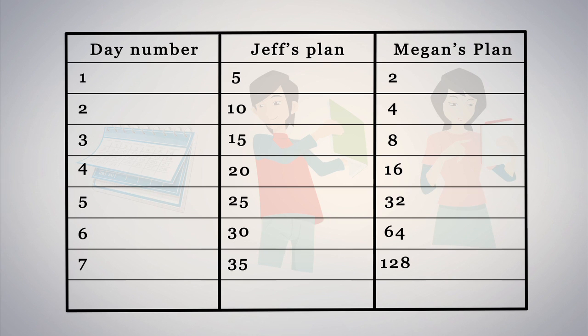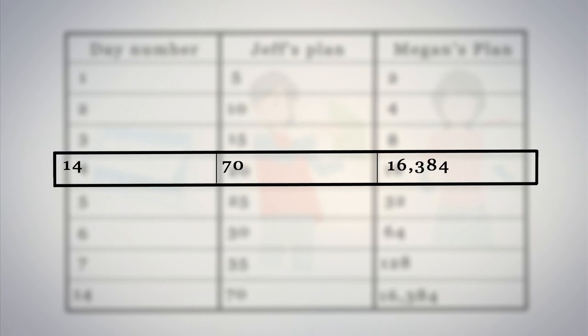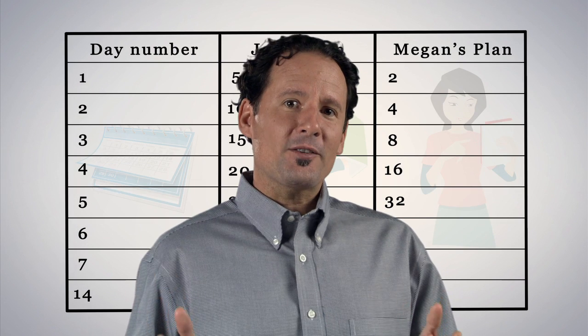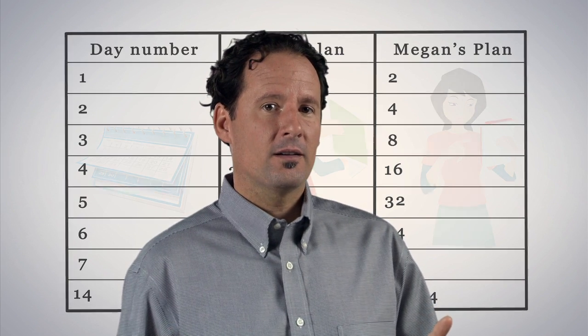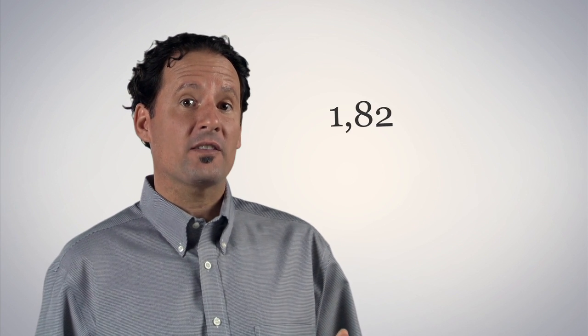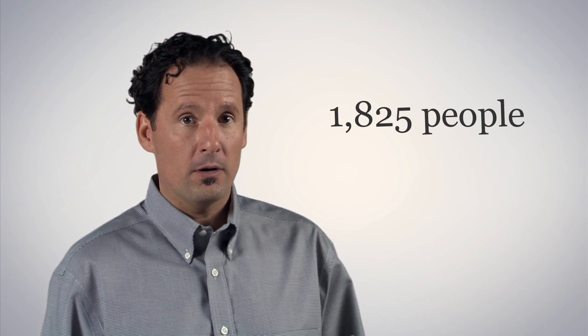Assuming these patterns continue, how many people will have heard the rumor after 2 full weeks? It looks like Jeff needs to step up his game. Let's look at how many people will have heard these rumors after an entire year. After 365 days, Jeff's rumor will have only reached 1,825 people.